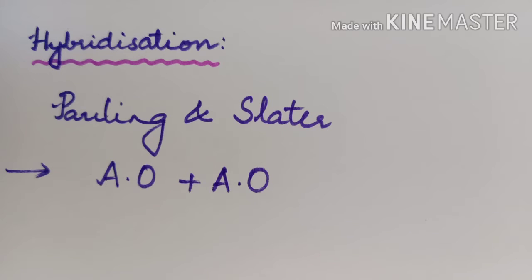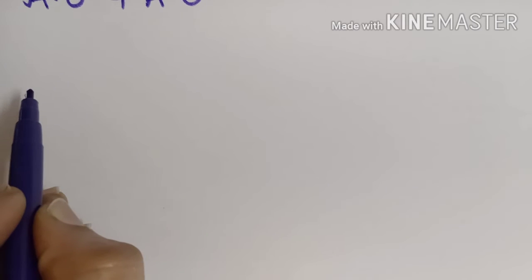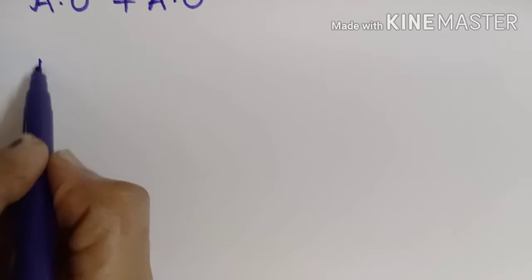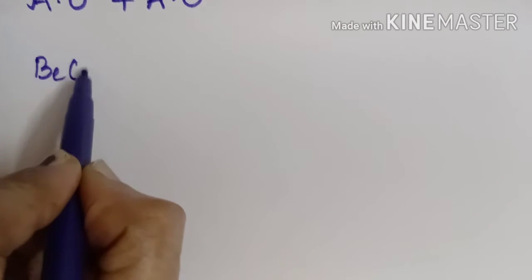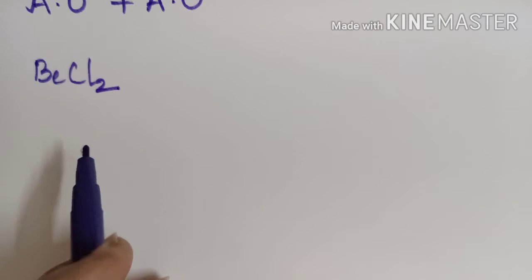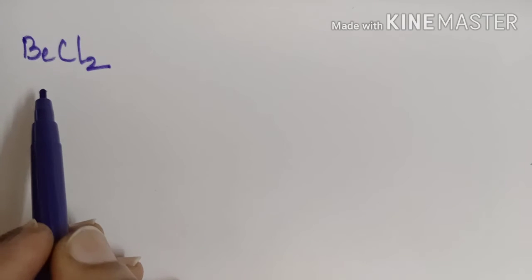First, I'll take an example. Suppose I want to discuss the geometry of beryllium chloride. First, we have to identify which is the central atom here. You know, beryllium is the central atom.